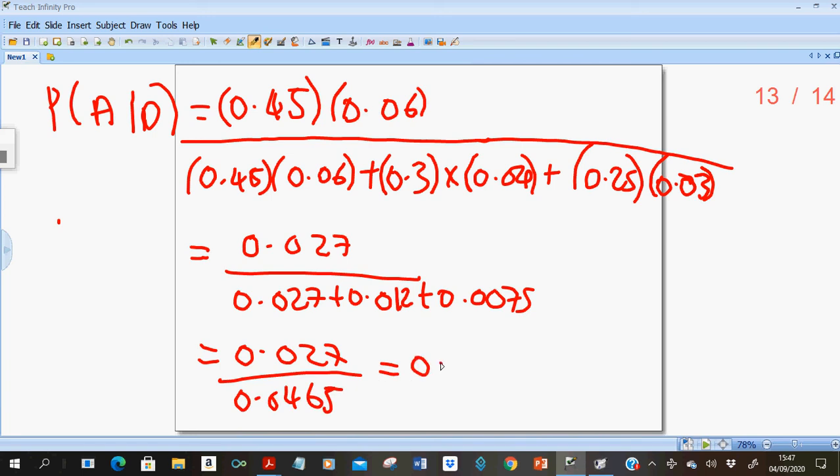And that is the probability that we have been looking for.